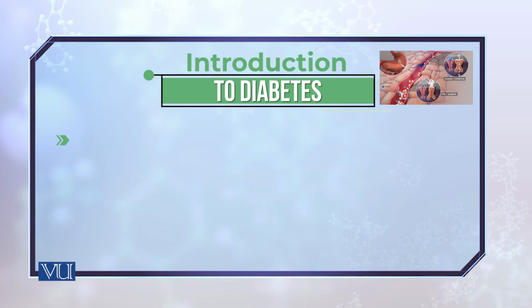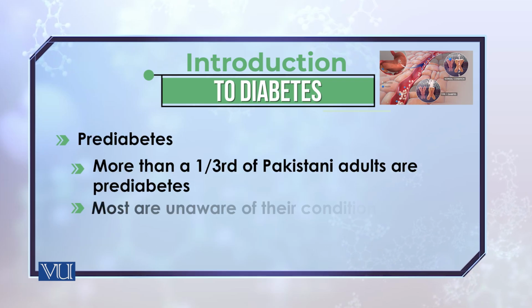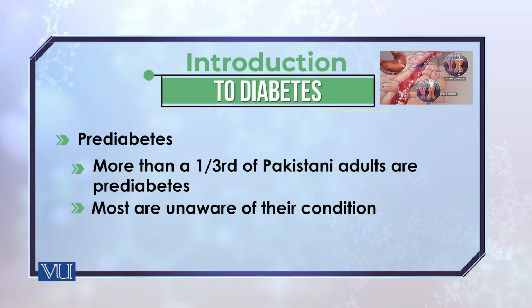More than 1/3 of the Pakistani population are pre-diabetic. They are on the borderline between diabetic and non-diabetic. And making things worse, most of them are unaware that they are on the borderline. That shows what sort of urgency is needed to deal with this challenge.